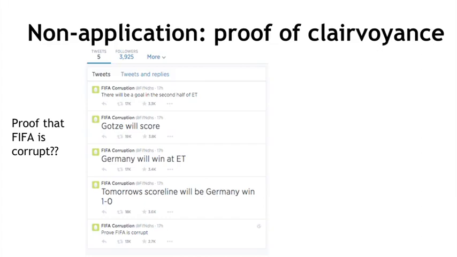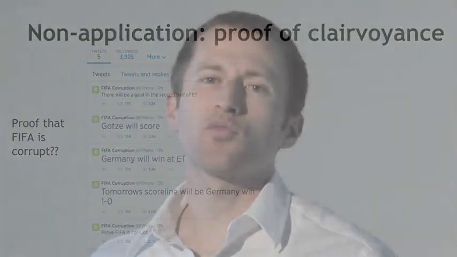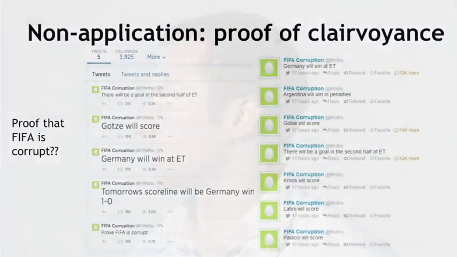For example, the fact that Germany won, the fact that Mario Götze would score, and they proved that they had tweeted this before the game actually happened. And for a moment, before you think about it, it looks like this proves that somehow this person either could tell the future or that the match was actually fixed and that they must have known what was going to happen ahead of time.